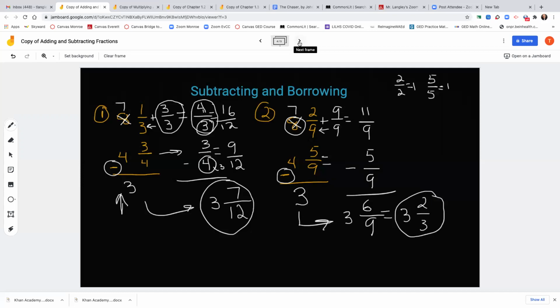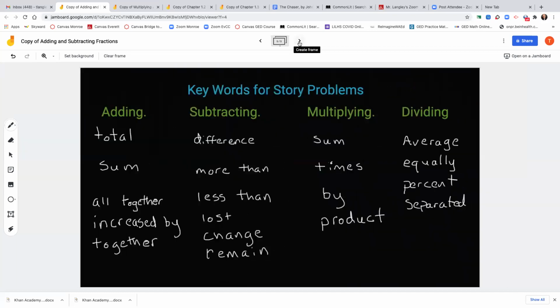Now, the next thing I want you to do for the sake of time is take your phone, if you have one with you, and take a picture of this slide. If you don't have a phone, these are keywords in story problems. I'll try to share this with you at the end.